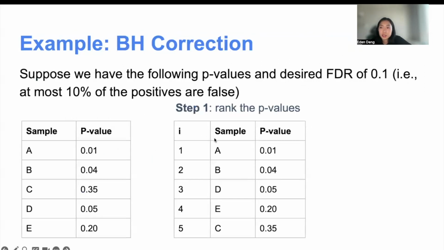We'll run through a quick example of how this correction is applied. Suppose we've conducted 5 tests and obtained these p-values, and we have a desired false discovery rate of 0.1. Generally this is kind of the highest safe false discovery rate that you might want to use. The first step is to rank each of the p-values in ascending order.